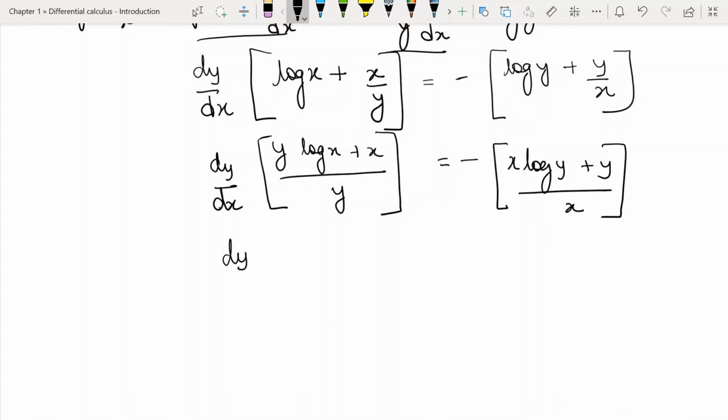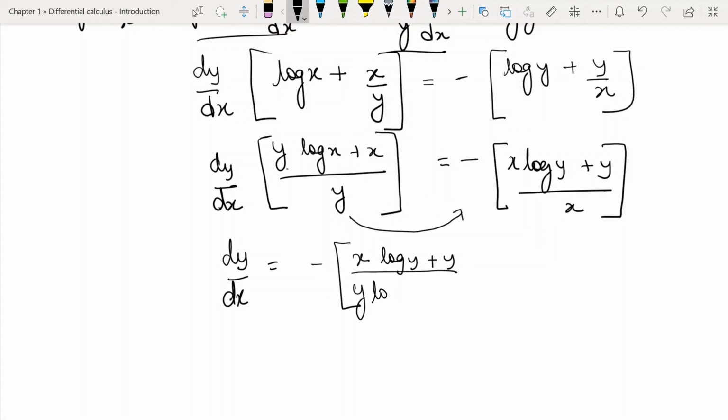Now dy by dx is equal to, bring this term to the other side. What happens when you do that? Minus x log y plus y remains as it is. Now in the denominator I am going to write this term, y log x plus x, close the bracket. This x remains as it is here, and in the numerator this y comes here. So this is the result of your differentiation, the value of dy by dx.